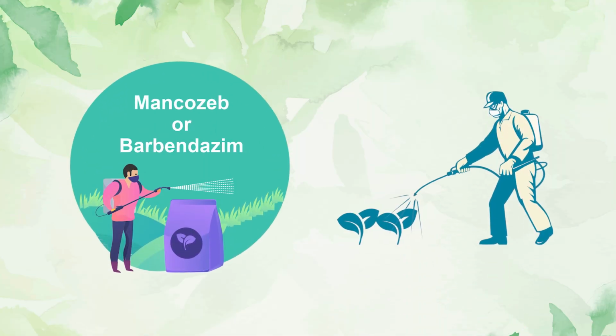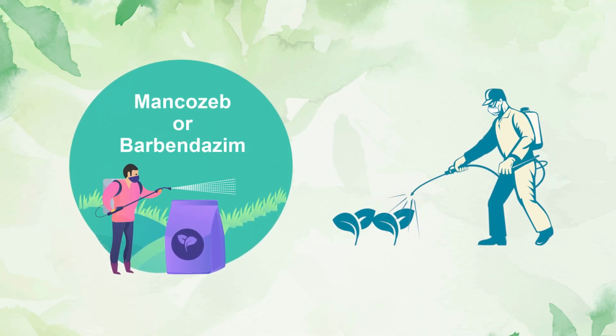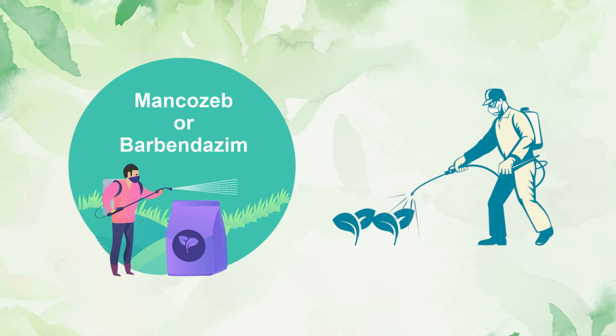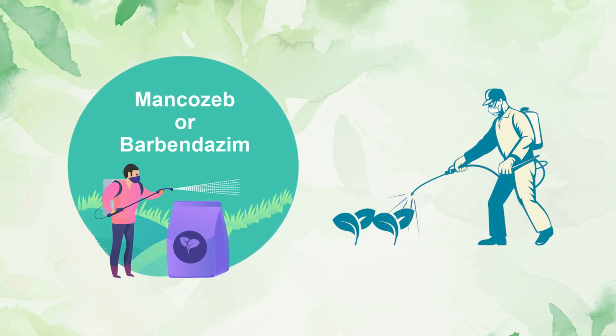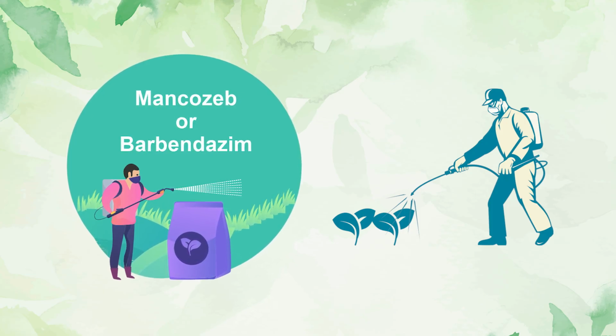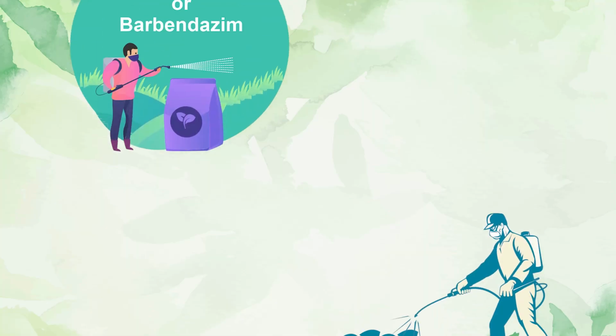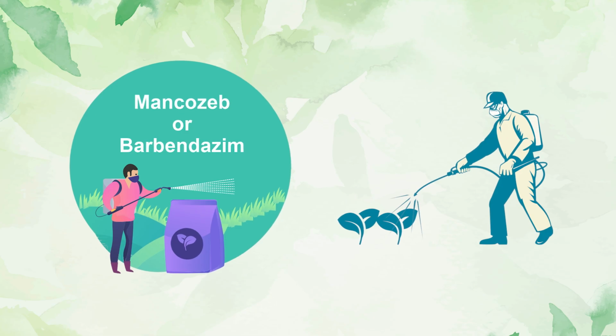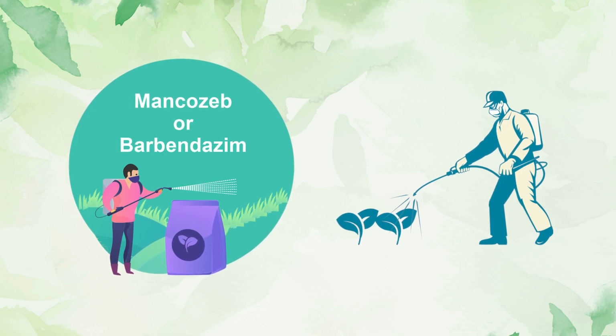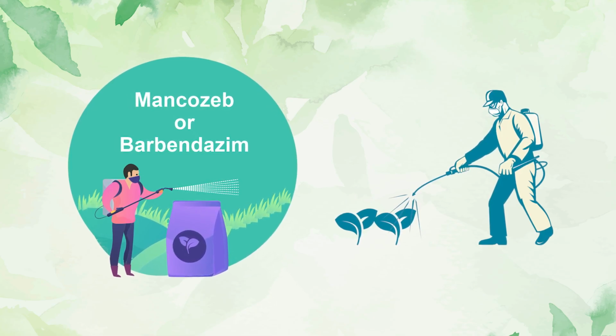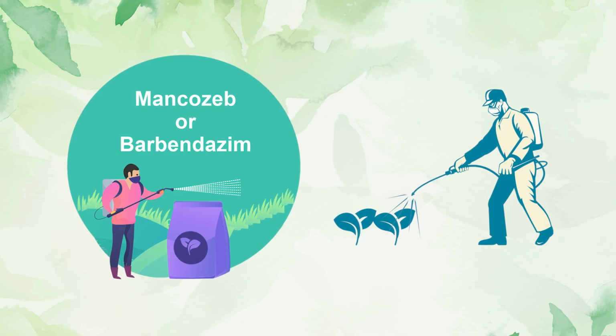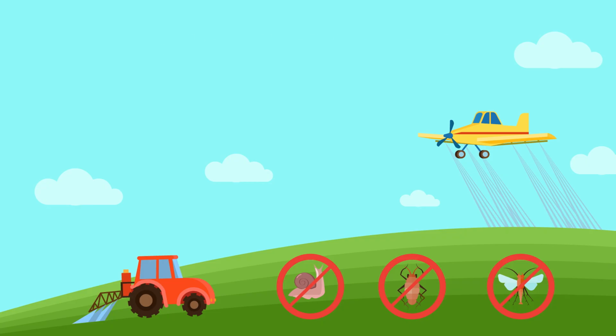For example, benomyl, carbendazim, metalaxyl, thiabendazole, propiconazole, etc. The second one is contact fungicide, whose action is restricted to the area of the plant where it is applied. The examples are sulfur, mancozeb, zineb, etc.